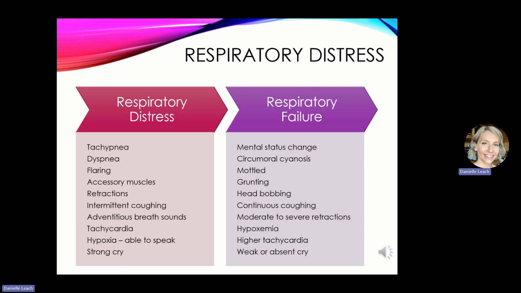They may still have retractions, but they may be moderate to severe. They may be extremely hypoxemic at this point. They may also still have tachycardia, but even higher than before when they were in respiratory distress. And at this point, they may not be able to cry or talk at all because they are so low on oxygen.